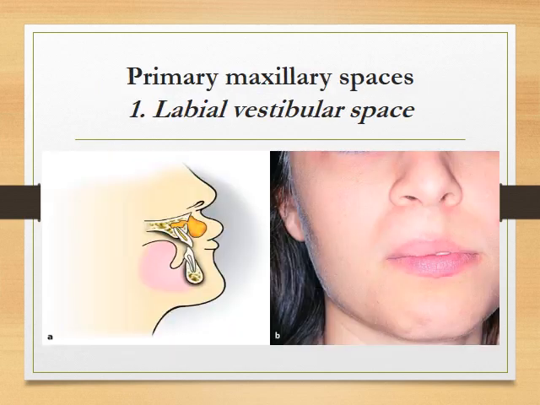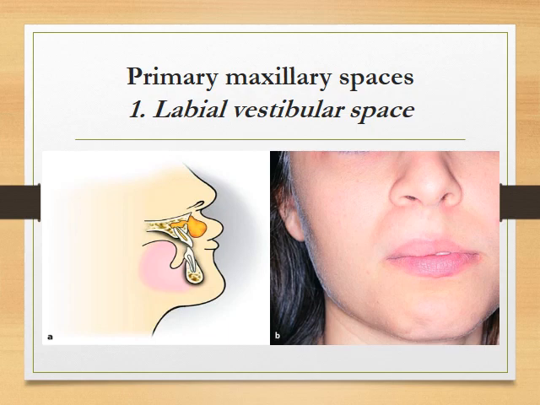First, we have the primary maxillary spaces. The first space is the labial vestibular space. It is located between the vestibular mucosa and the muscles of facial expression.